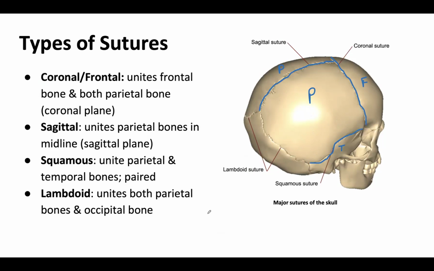And this suture is unique because they look like overlapping scales, like you would have on a snake. And then lastly, we're going to consider typically the most complex of the sutures, the lambdoid suture, which is going to unite those two parietal bones with the occipital bone posteriorly.